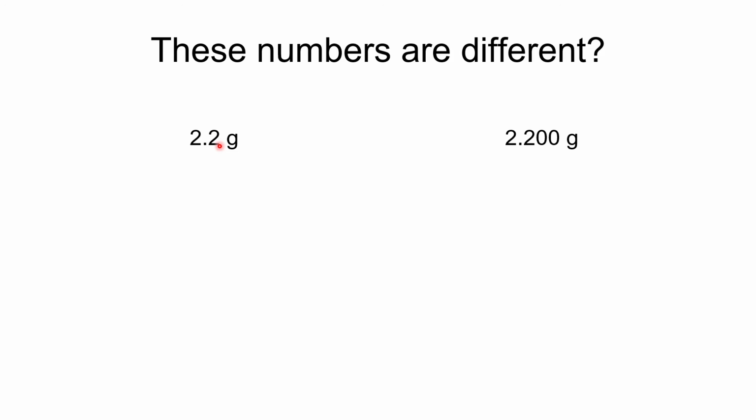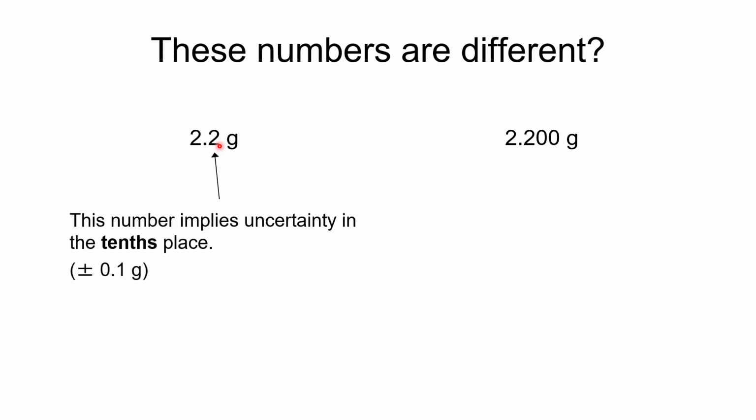So that means it could be 2.1 or 2.3, or maybe even 2.0 or 2.4. But we know the first two for sure. We know that it's somewhere 2 point something, but we have uncertainty in this last significant figure. So uncertainty in the tenths place.